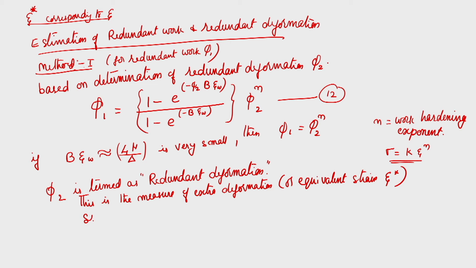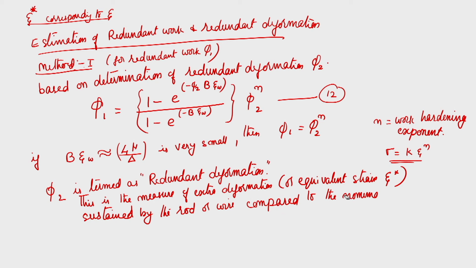Sustained by the rod or wire, compared to the nominal strain. What is nominal strain? Nominal strain is for the uniform homogeneous deformation.